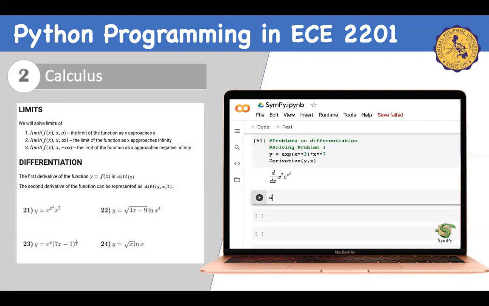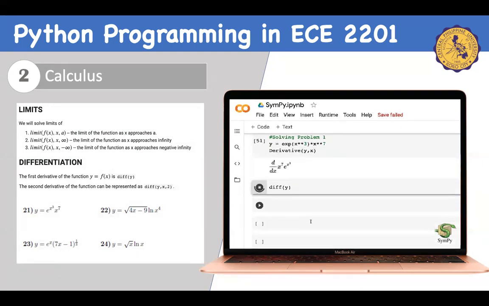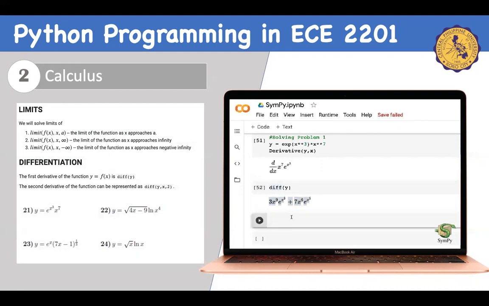Now to solve for the derivative, we use diff. Diff of y with respect to the variable x, or you may say diff of y only. That's how you solve for the differential or the derivative of a function.